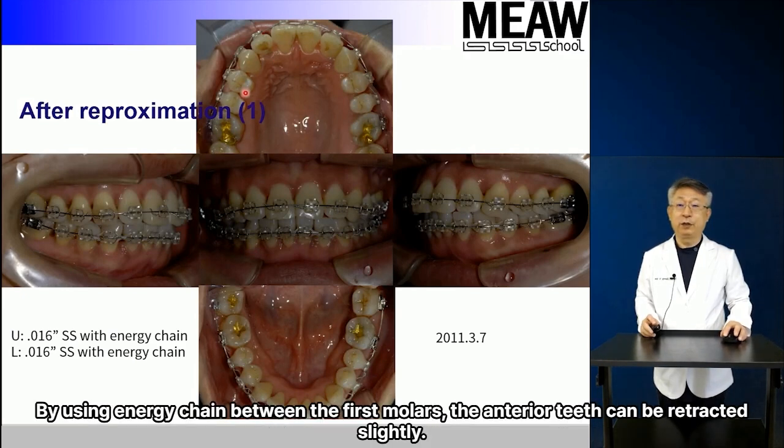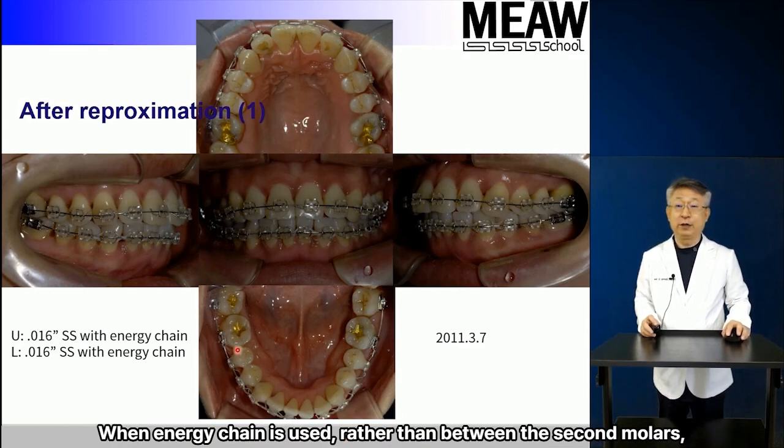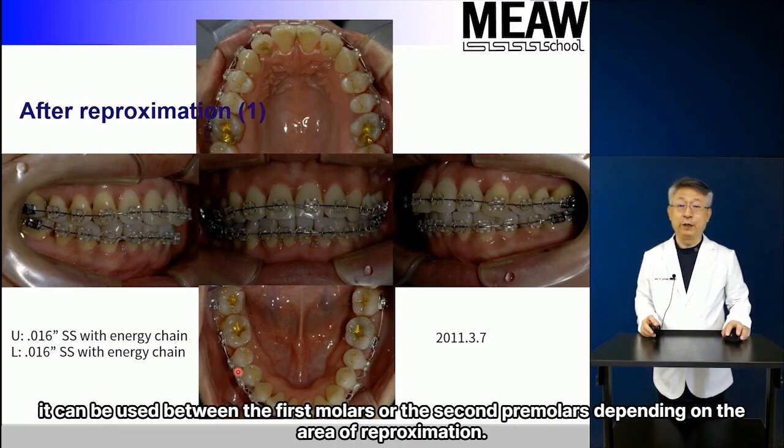By using energy chain between the first molars, the anterior teeth can be retracted slightly. Energy chain can be used between the first molars or the second premolars, depending on the area of reproximation.